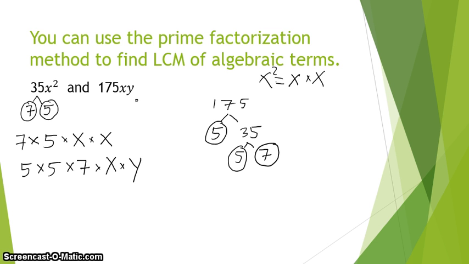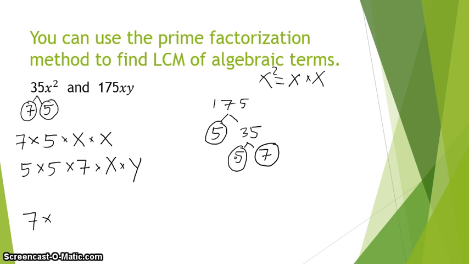Now I have to see how many times each factor is used in each number, and the number that it's used in the most is the ones that I'm going to use. So let's see. 7 occurs once in 35, and it also occurs once in 175. So they're even, so I'm going to use 7 once. Now, 5 occurs once in 35, and it occurs twice in 175.